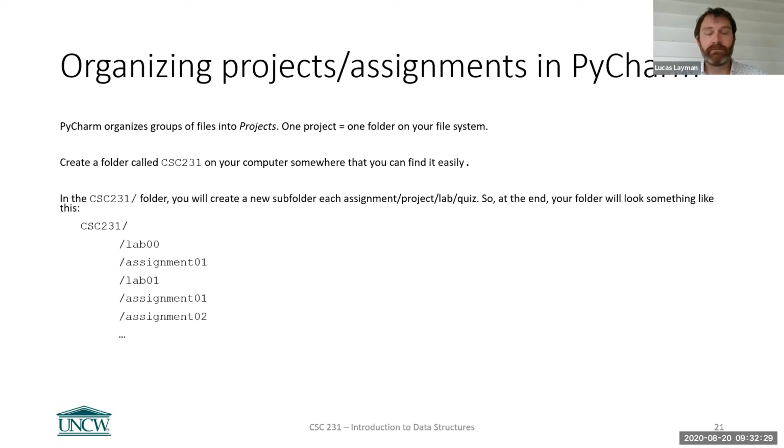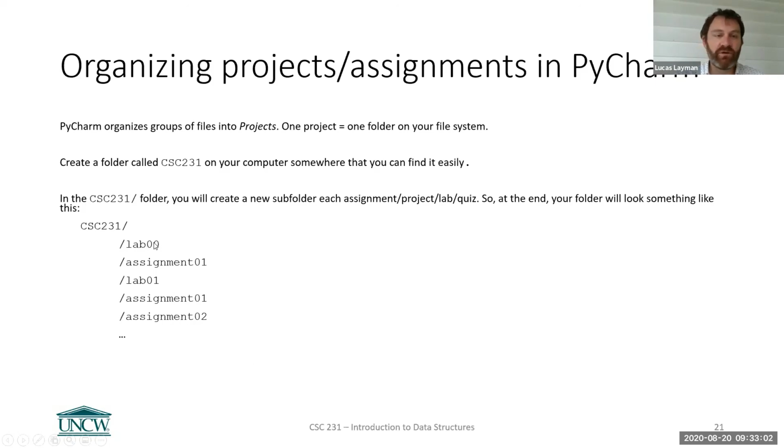This is really important, and you're going to run into headaches if you don't understand this, okay? Inside CSC 231, you are going to create a new subfolder for each assignment or project or lab or quiz that you have. So at the end, your folder is going to look something like this. You're going to have a CSC 231 folder, and then inside you will have Lab 00, Assignment 01, Lab 03.